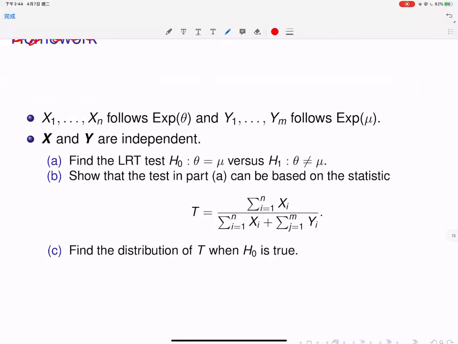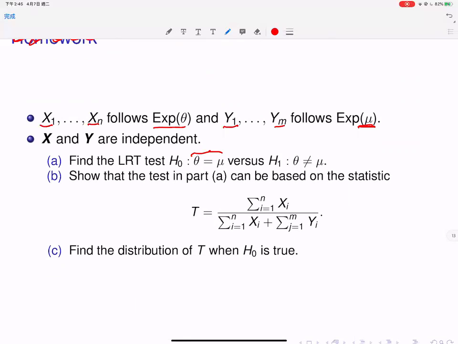What happens if you have x1 to xn following exponential theta, and y1 to ym following exponential mu? So if I'm testing whether or not these two samples are the same, in the previous example you looked at two normals, and they are t-tests in some sense.